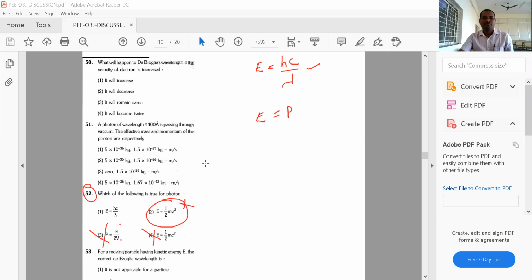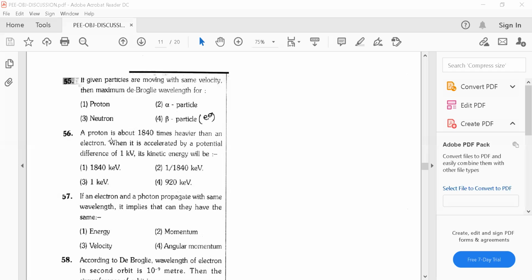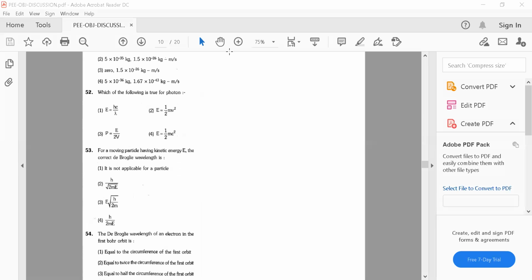Next, question number 53. They have given that for a moving particle having kinetic energy E, the correct de Broglie wavelength is what?